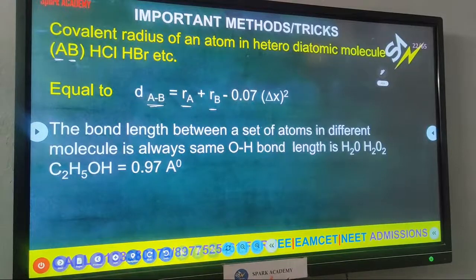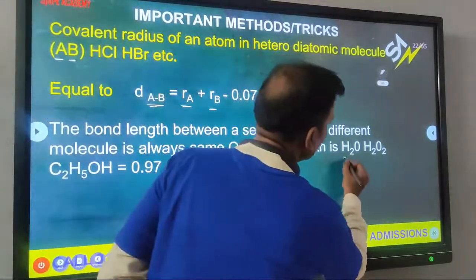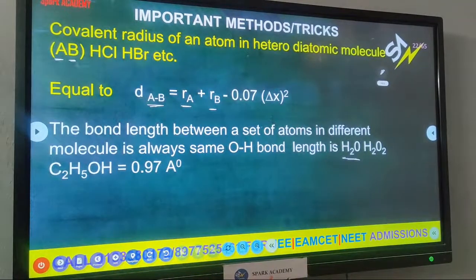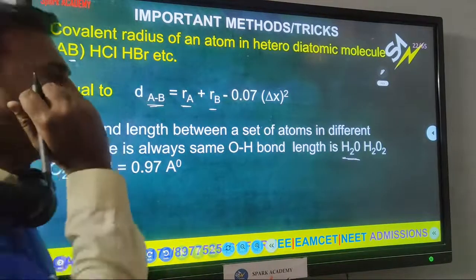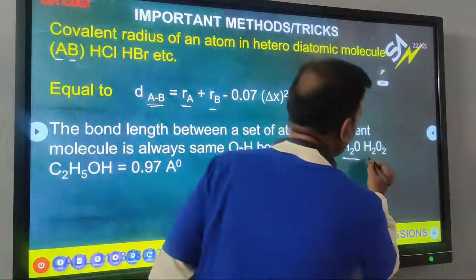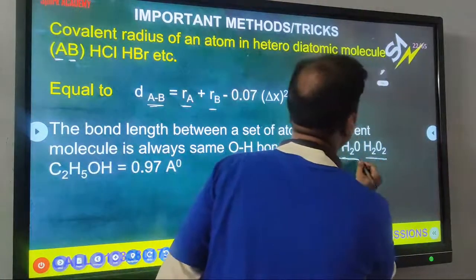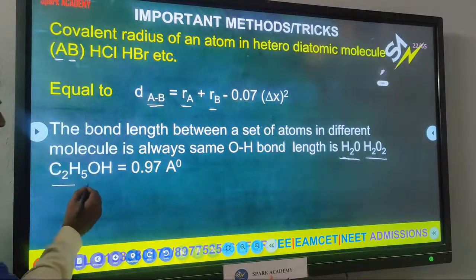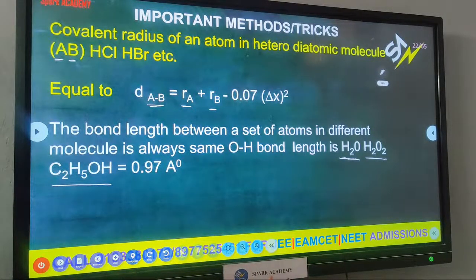For example, we take some set of atoms like H2O. See here in H2O, what is present? OH bond is present. What about in the case of H2O2? In H2O2 also OH bond is present. What about in C2H5OH? In that also OH bond is present.